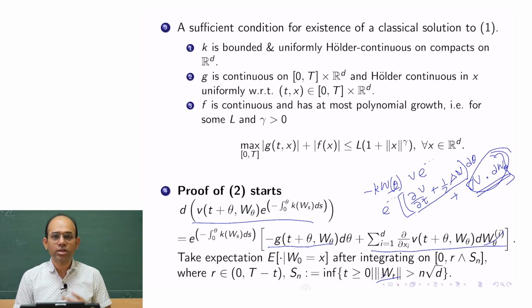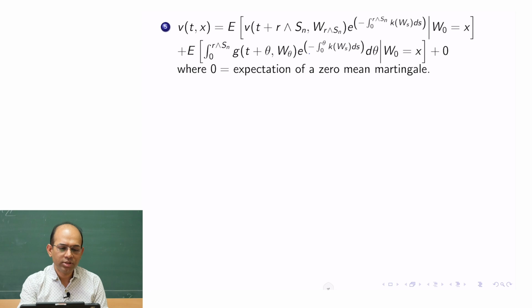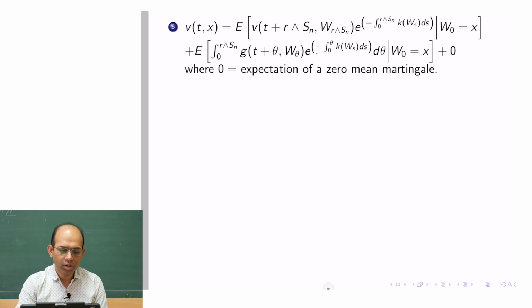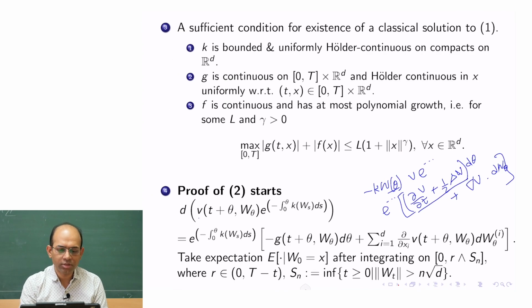So it is the integration of a bounded function with Brownian motion till a stopping time. So we get a martingale term, and that has expectation 0. So from the right hand side only one term survives: two terms on the left and one term on the right, so we got three different terms.